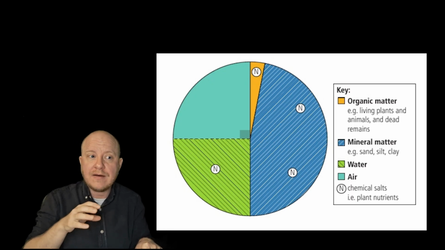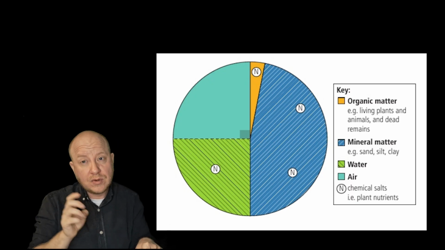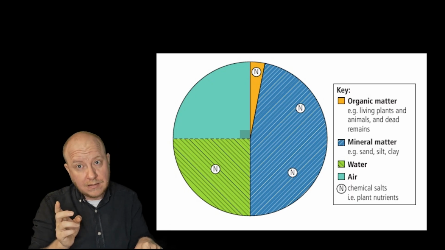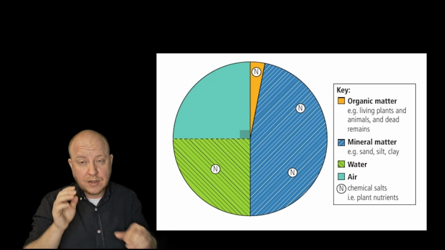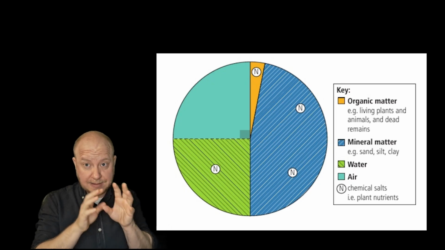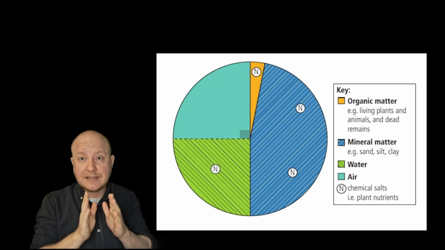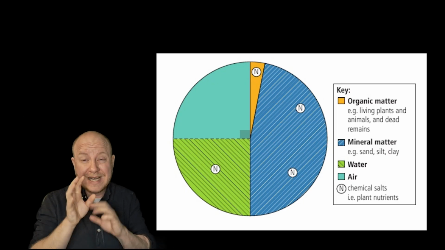If you have air between everything else, then you don't have water there. If you have water, then you don't have air. So they're inversely proportioned because the air exists where the water isn't, in the same space between everything else.